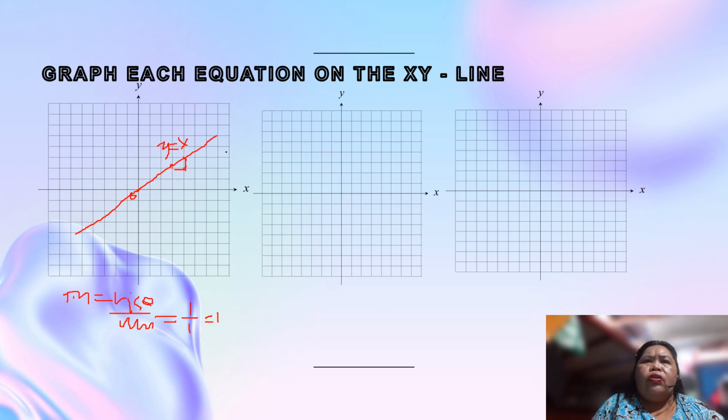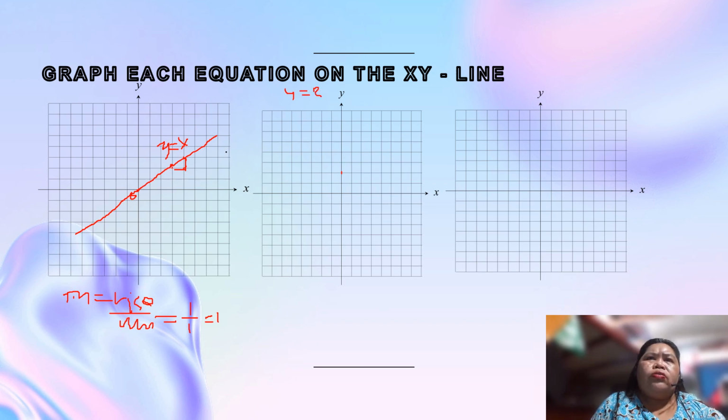Now if we are going to get the second, the second equation, we can use this part here, and this will be our origin. So for example, we have another one, y is equal to 2x.